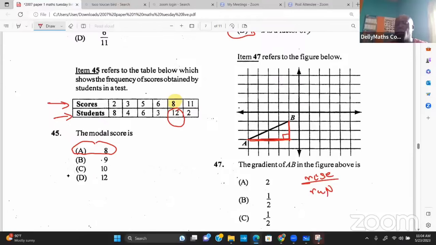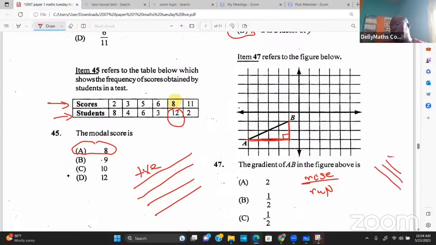In this case, we want to note that if the line goes from left to right uphill, it already tells you the gradient must be positive. Negative gradients would be coming downhill from left to right all the time. So I know that this is a positive gradient already.